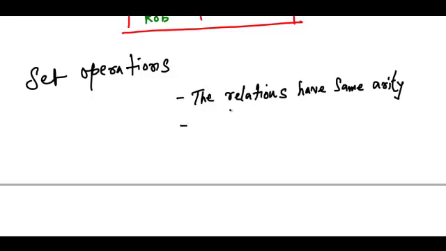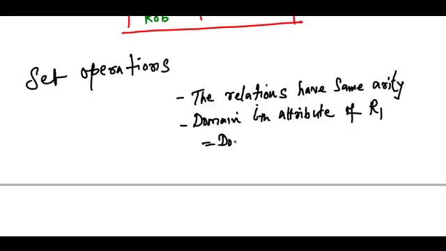And the other is the domain of the ith attribute of relation R1 should be equal to the domain of the ith attribute of R2, which basically means the first attribute of R1's domain and the first attribute of R2's domain should be equal.